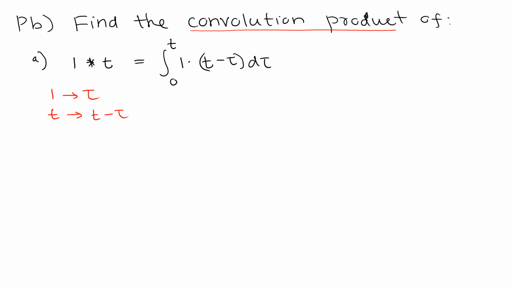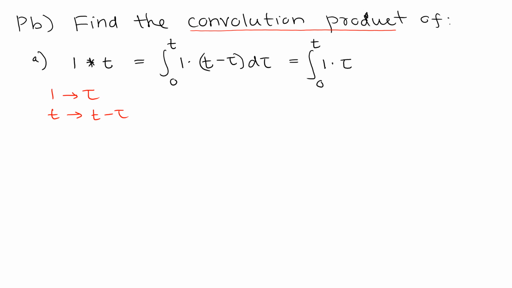If you switch and look at the other version, again from 0 to t, for the first function 1 I put t minus tau, but it doesn't change, you just get 1. For the other function, I put tau.